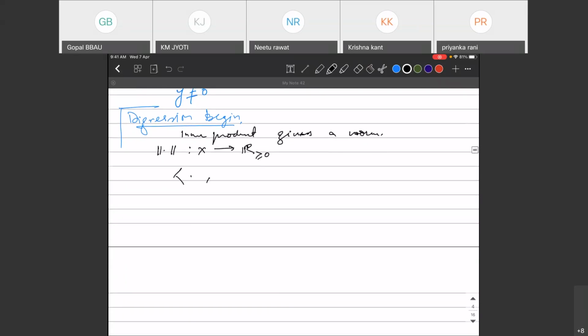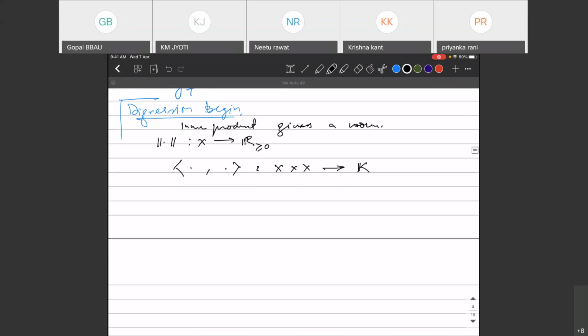And an inner product is a function from X cross X to K. But you see, the last property of inner product space is (x, x) is greater than or equal to 0.